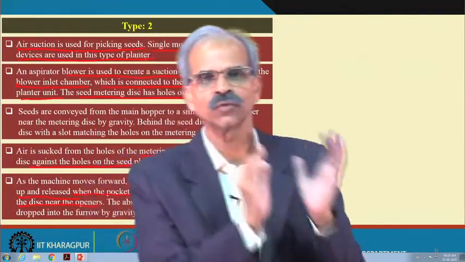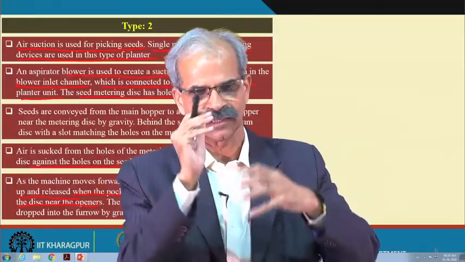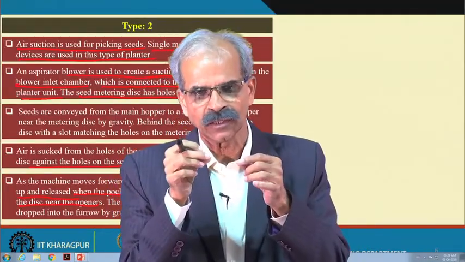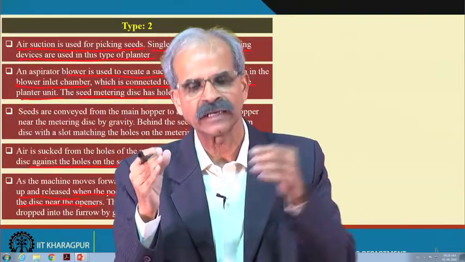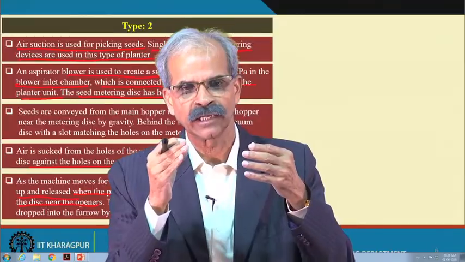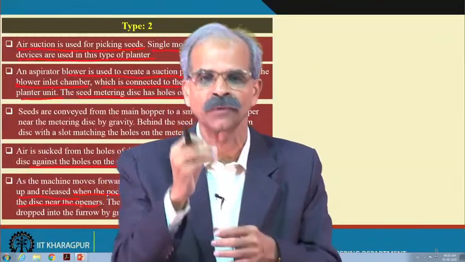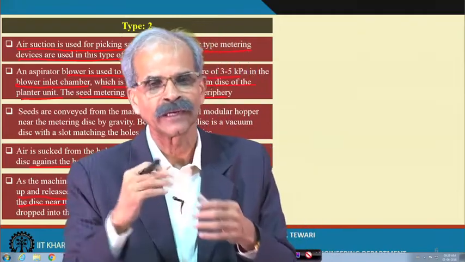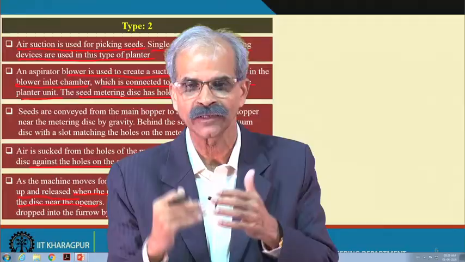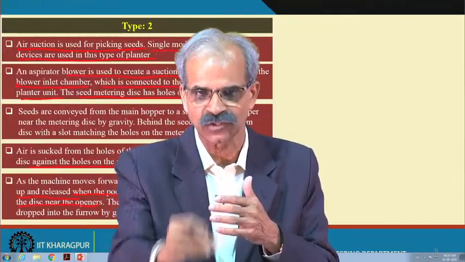So, we have talked of two aspects. In one, air is blown and there is a disc, and we are maintaining a pressure difference on the seed, atmospheric pressure on one side and say 4.1 kilopascal on the other side, as one type of metering mechanism. When the seed is moving on the seed plate, it is brushed off if there are more seeds, and only a single seed is then dropped.